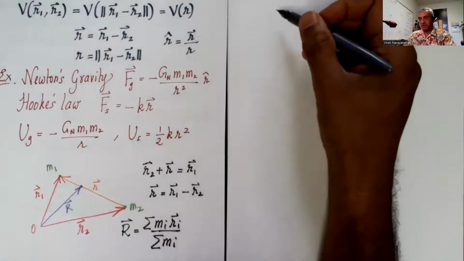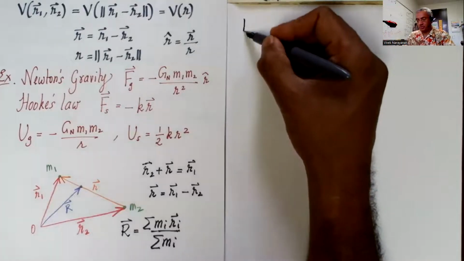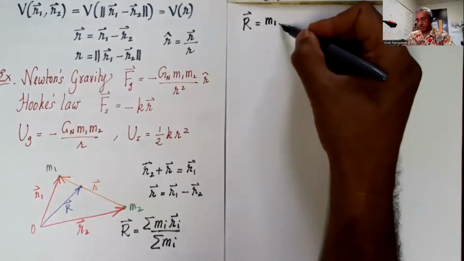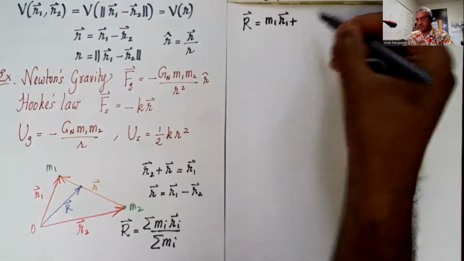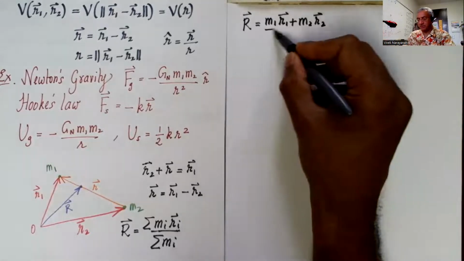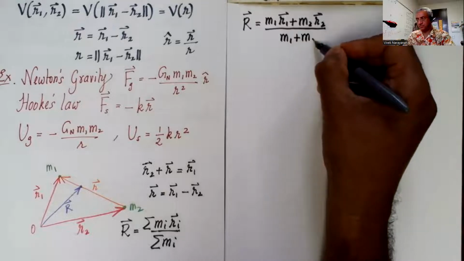That gives me R equals M1 R1 plus M2 R2 divided by the sum M1 plus M2.